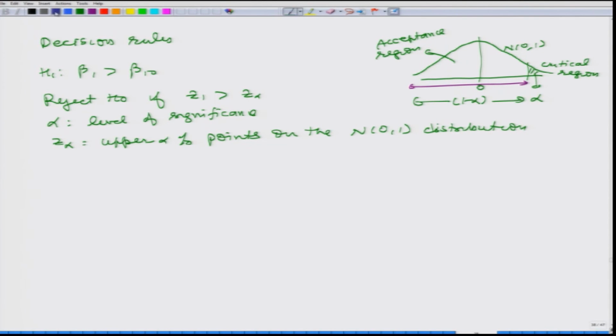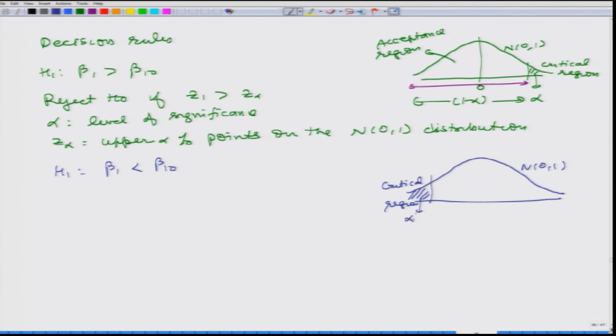Next, I take another case, in case my H1 is beta 1 less than beta 1 naught. In this case the normal 0, 1 curve looks like this, but the critical region is going to be on the left hand side. This is our critical region, and its size is alpha.